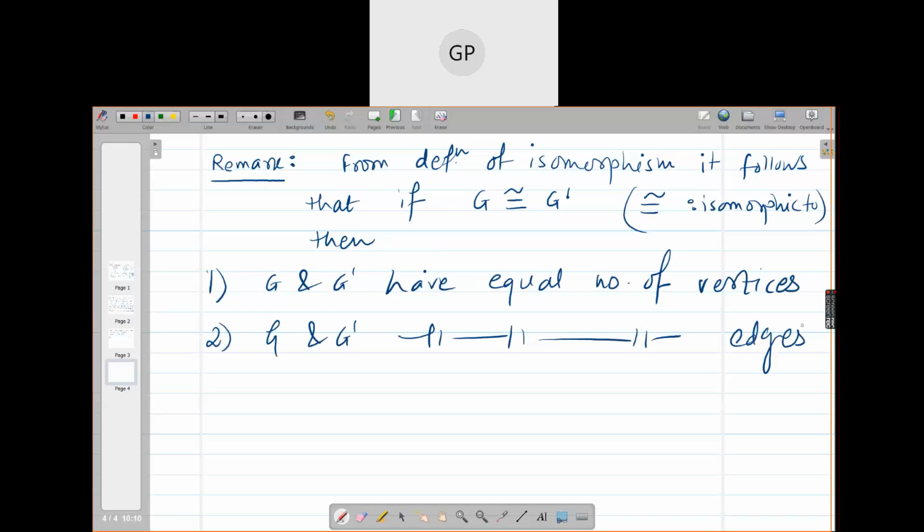So these conditions are necessary, but they are not sufficient. That means you can have two graphs which have an equal number of vertices and an equal number of edges, but still they are not isomorphic.